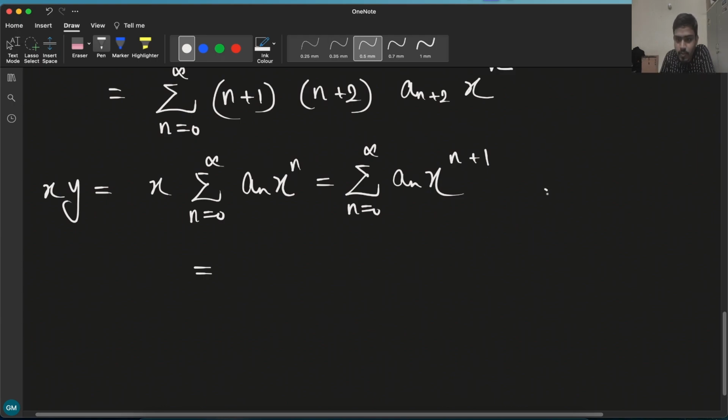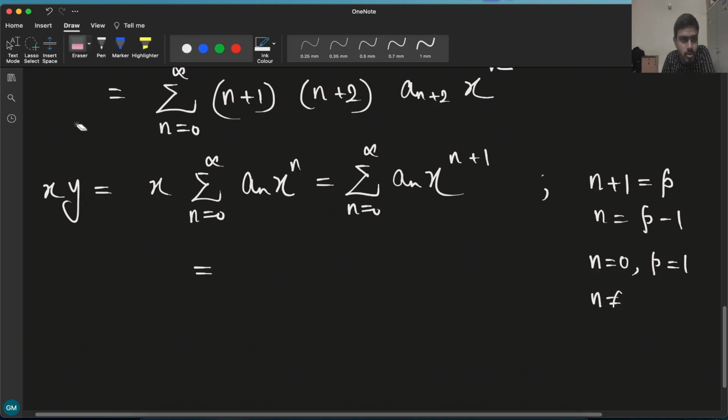In that case, here I will assume that n plus 1 equals, let's say, p. In that case, n equals p minus 1, right? And n equals 0 means p equals 1, and n tends to infinity implies p tends to infinity.